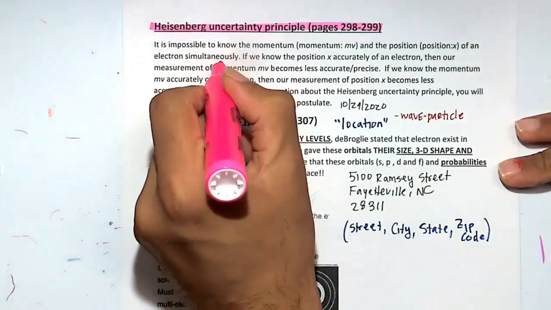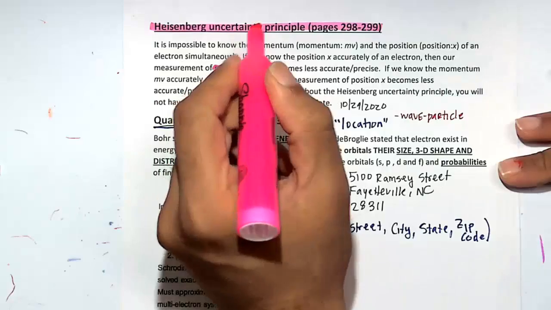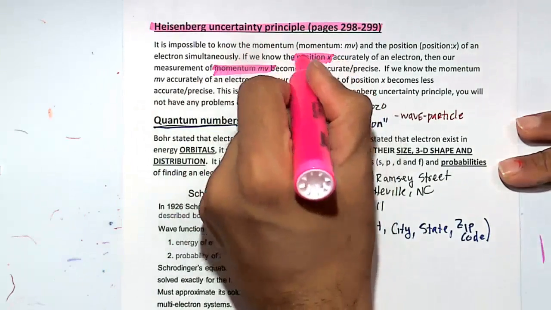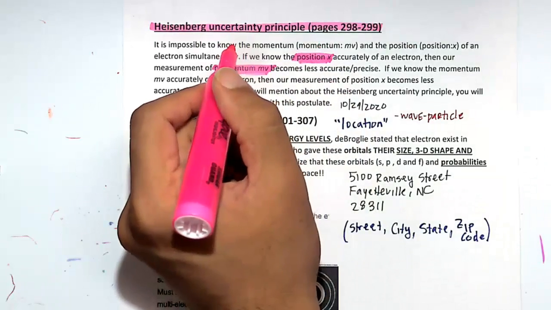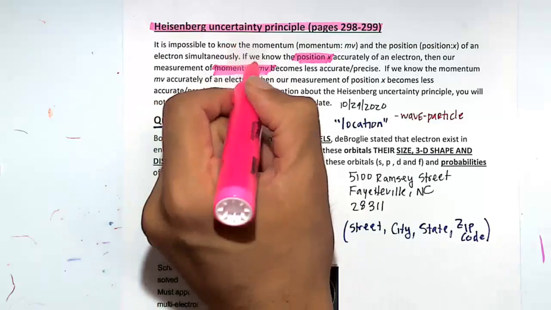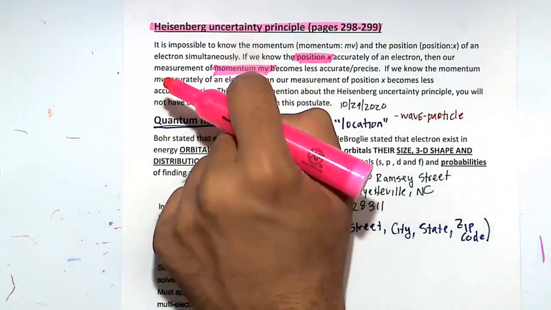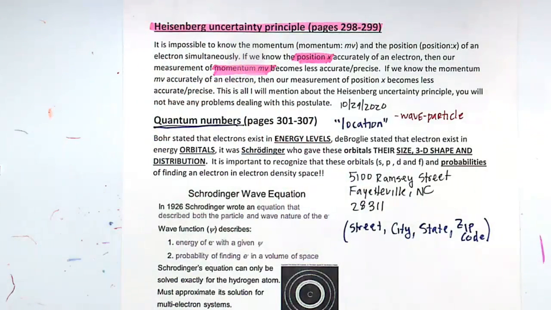Let's say if we want to figure out the momentum of the electron, we will not know its position, where it's at. If we know the position where an electron is at, we will not know where it's going, even though electrons are always moving around. So to get one piece of information, we sacrifice another. That's basically, in a nutshell, what Heisenberg's uncertainty principle states. That is to say, we never get, you're right there.